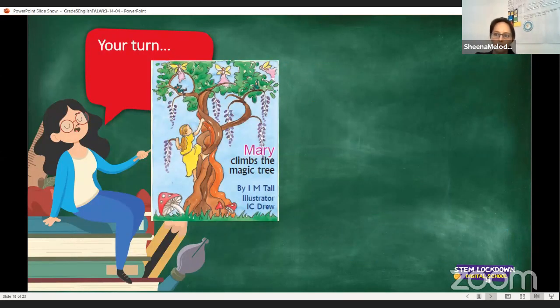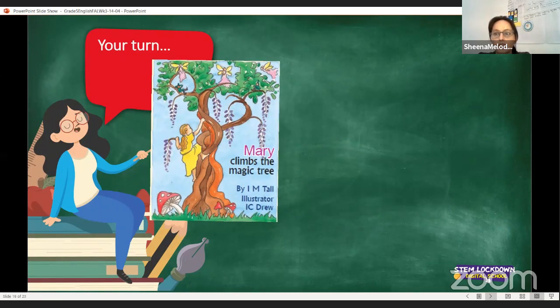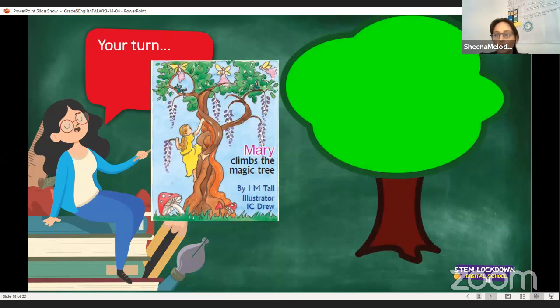Now it's your turn. Now we have a book. This book we just made up. So we've got a picture, we've got a title, we've got an illustrator. So you grade 5s are going to now tell me who is in the story. You're going to write this down. I'm going to go through all the question areas first.